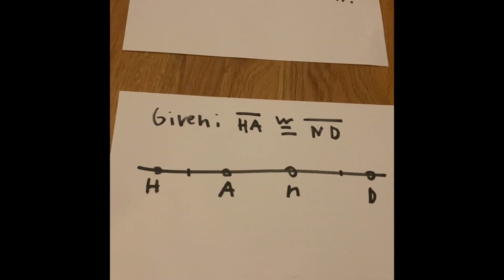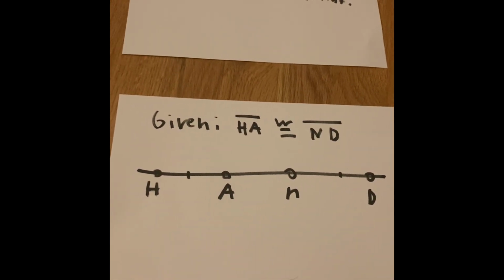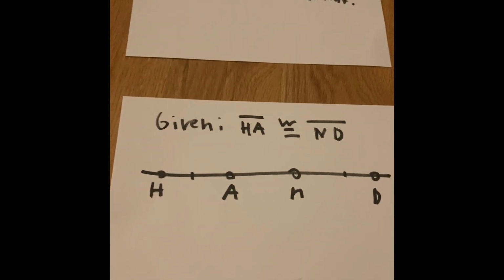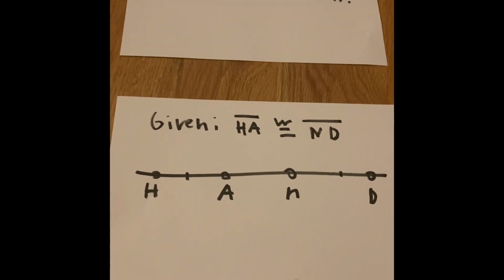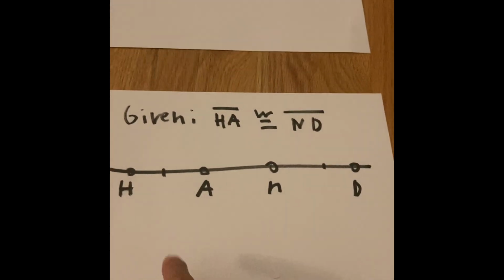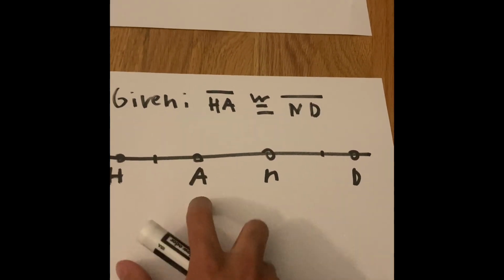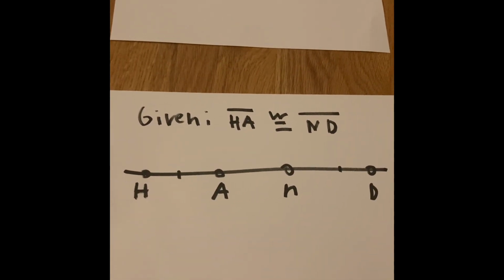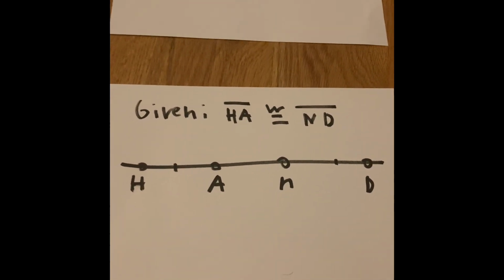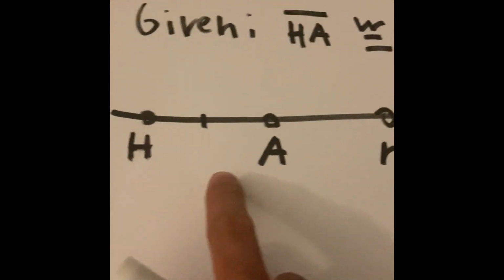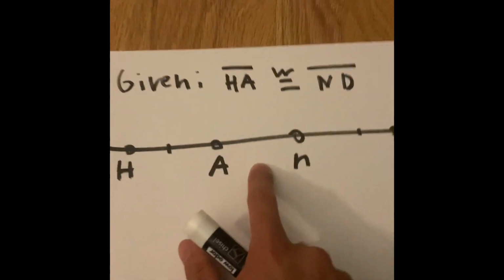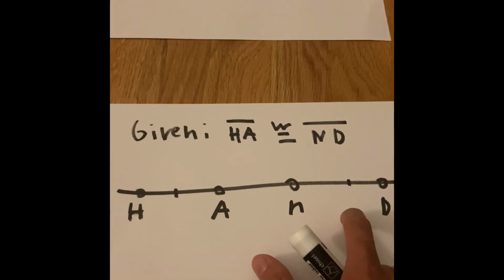The first thing you might do is guess what the conclusion is. When I tried this on other people, they said that point A and point M are segment trisectors. However, there is no marking saying that this is congruent to that, which is congruent to that.